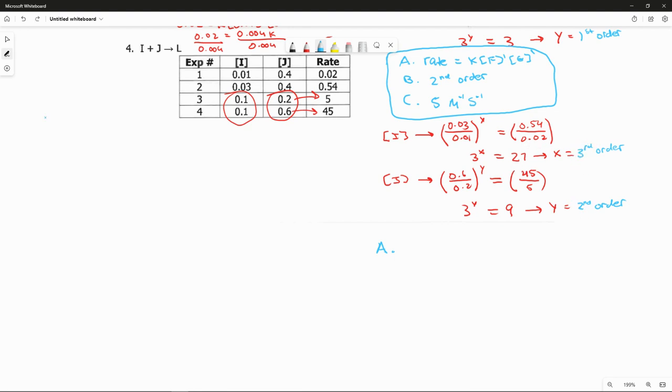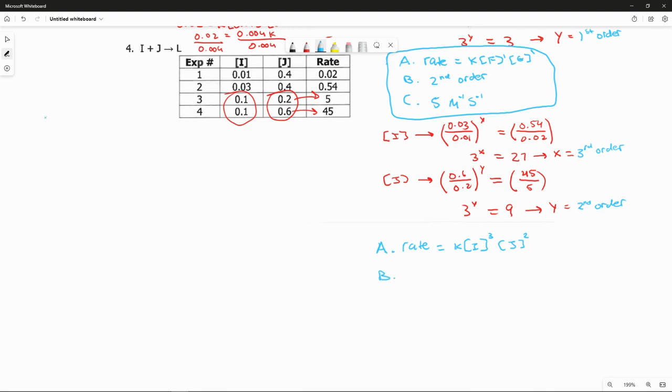So writing it, it is going to be rate equals k times the concentration of I to the third power, times the concentration of J to the second power. That is your rate law.